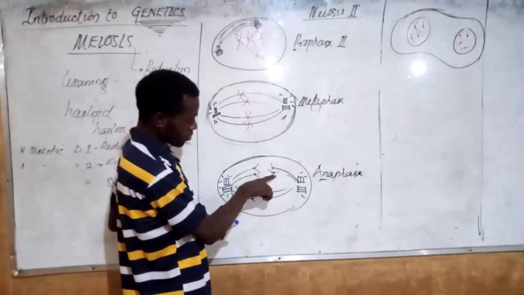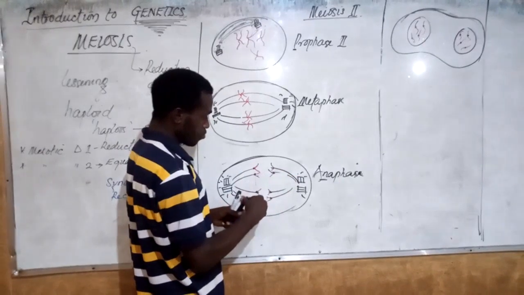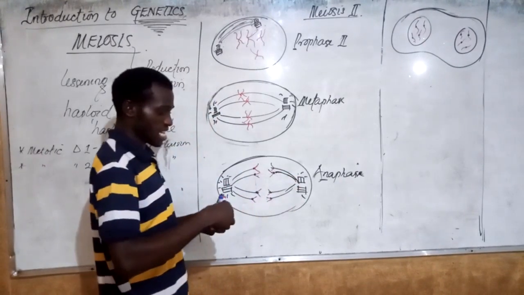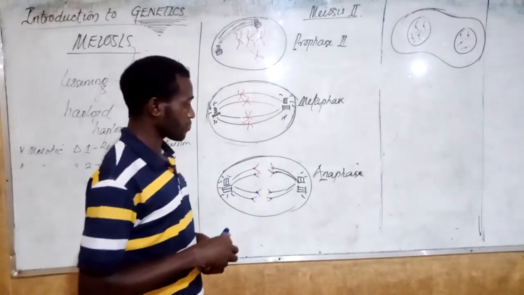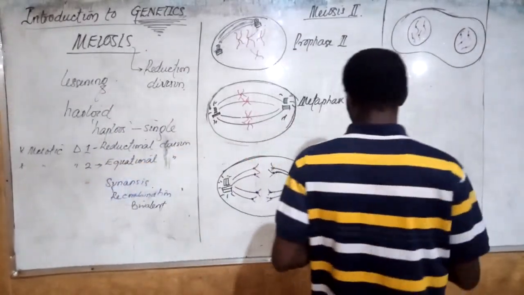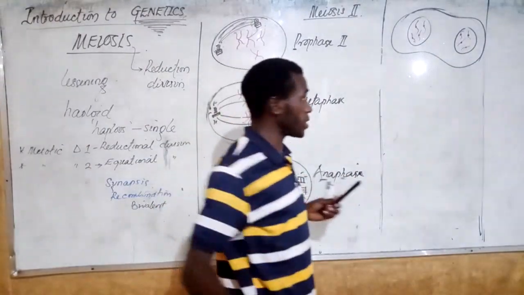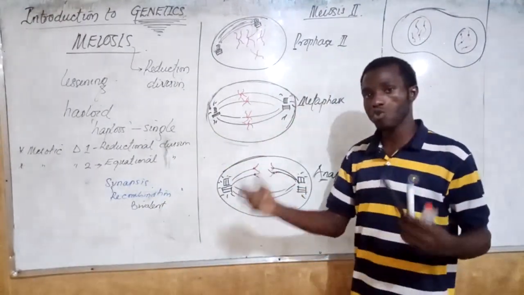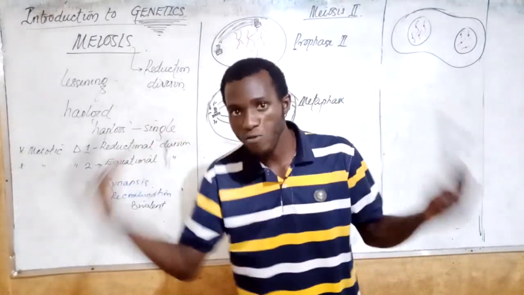So this centromeric region leads the movement. It always leads the movement because, of course, that is where the kinetochores are attached. Okay, so then think of this as away. They move away.